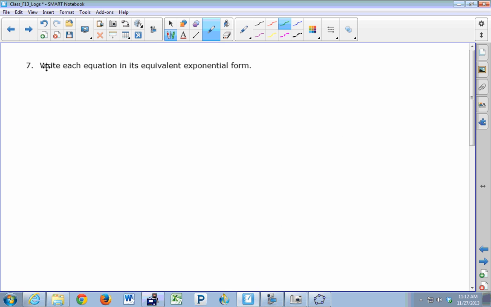So our directions here are write each equation in its equivalent exponential form. So here's log form. We want to write this as an exponential equation, not a logarithmic equation. So you look at your log and you see what is its base. Where's the base on this log? It's a little subscript right there. That's the base. So that becomes the base of your exponential function.